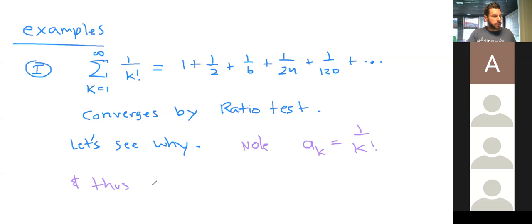And if that's a sub k, what's your kth plus 1 term? Your kth plus 1 term is 1 over k plus 1 quantity factorial. So that's a very important thing to note, so when we go to the next page, we're not completely overwhelmed.